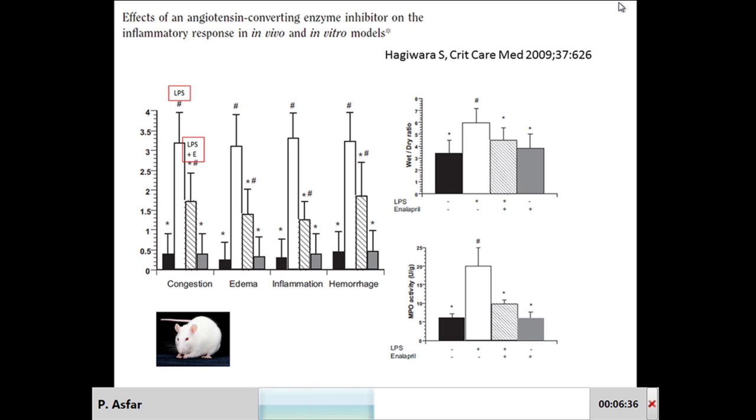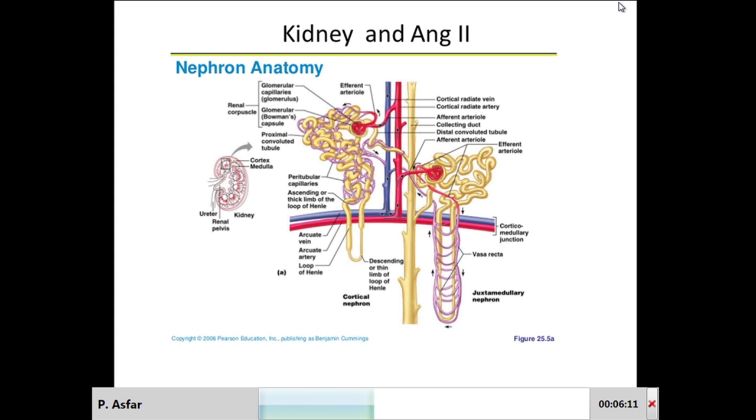The wet-to-dry ratio was better when we added enalapril. And the myeloperoxidase activity also goes down with enalapril, arguing for a protective and antioxidant effect.